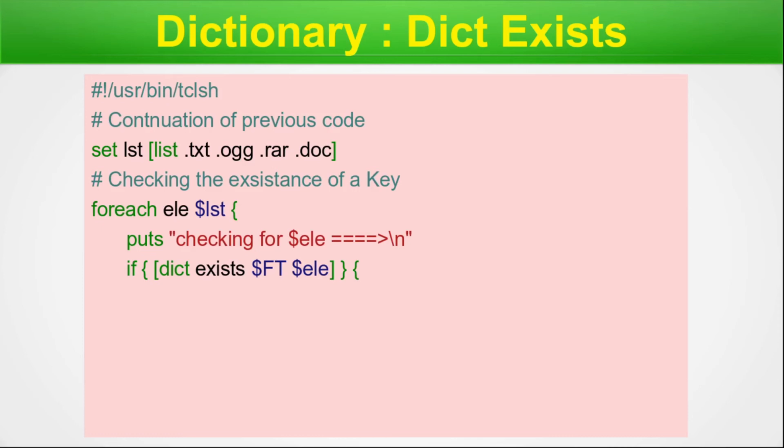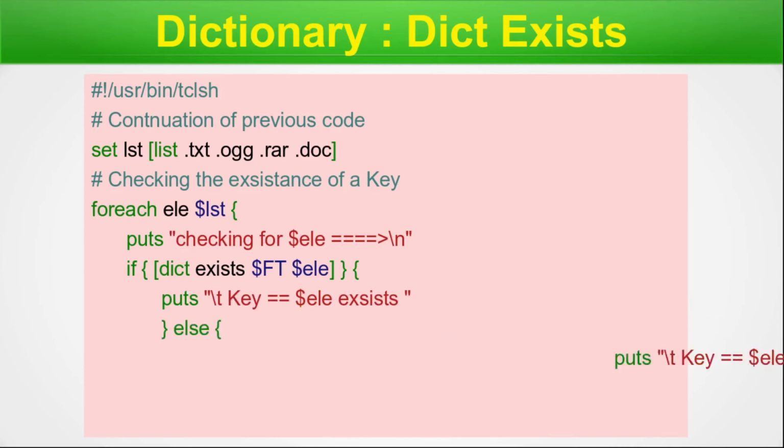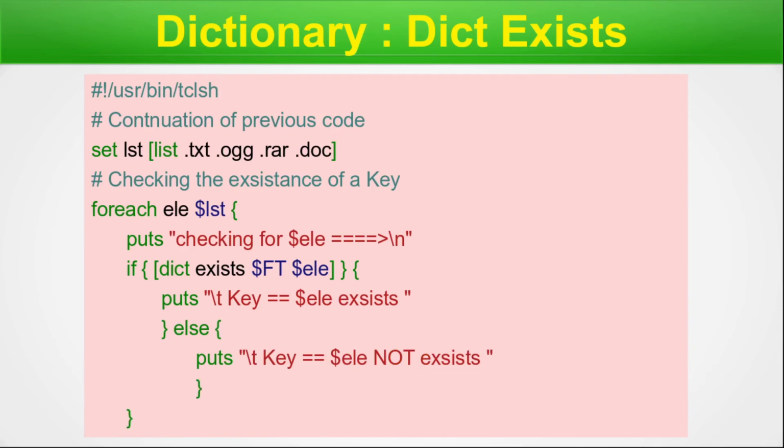So dict exist $ft, where $ft is the dictionary name and $le is the element that we are checking whether it exists as a key, and we say it exists if the outcome of dict exist is positive. Else we say this particular key does not exist, and we close it, and we close the foreach loop here. So this is the way we can iterate over a list which contains some random keys, and we check whether any of them exist as a key of the dictionary.